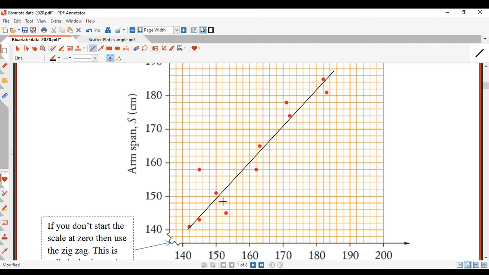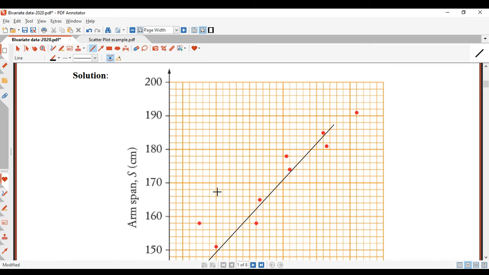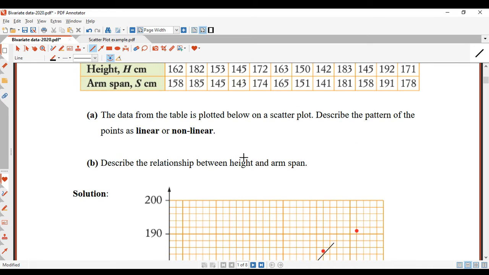So the pattern of the scatter plot would be linear. So let's write that down for our first answer. So for the first one, we are going to choose linear.